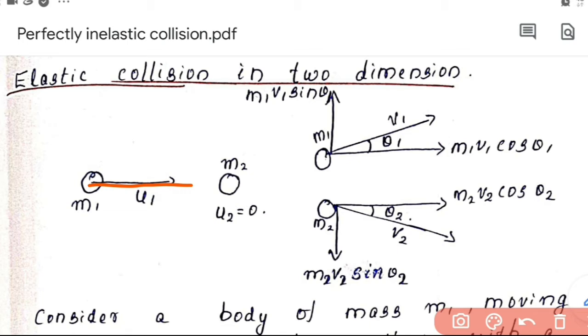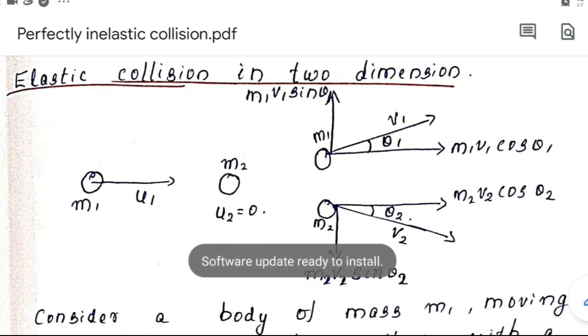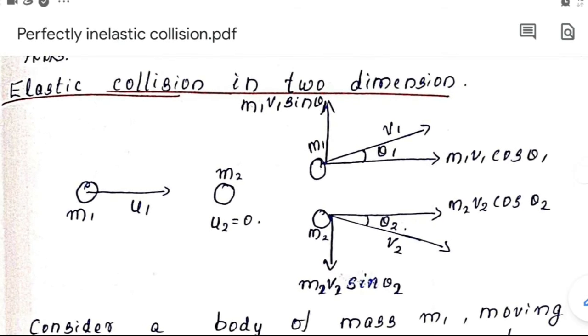So our equation becomes m1 u1 is equal to m1 v1 cos theta 1 plus m2 v2 cos theta 2, in the x direction or horizontal direction.